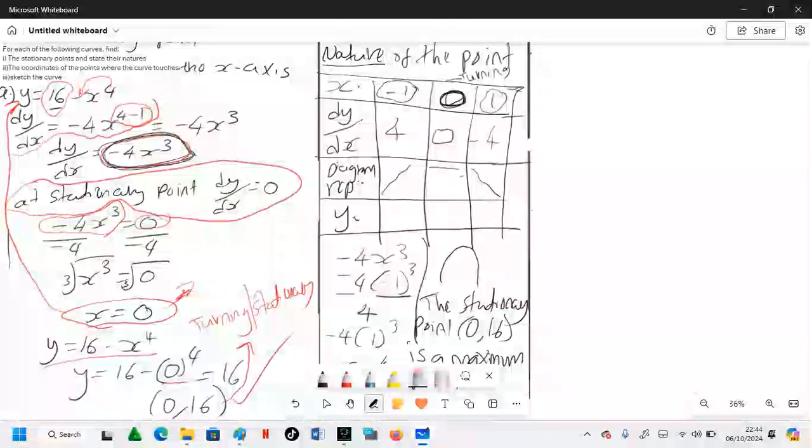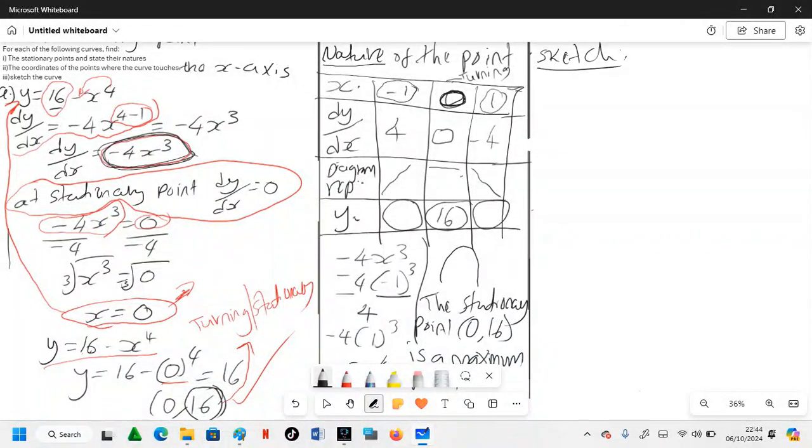Alright, so let's go to the third part. The third part is for us to sketch the curve. Now, to sketch the curve, the only thing that we're missing is the value of y, right? For x equals 0, we already know that the value of y is 16. So we just need the value of y for negative 1.